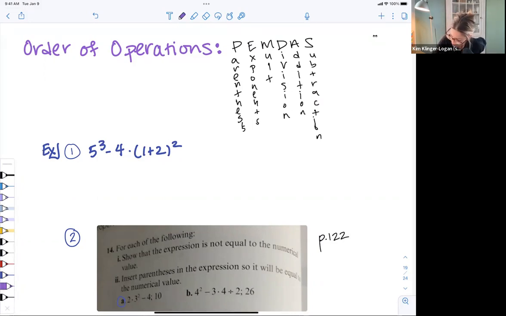And I should note that these two, multiplication and division, and these two, addition and subtraction, are actually interchangeable. They're really one step. They're at the same order, just reading from left to right. So I just do whichever of these two is first from left to right, and same thing with these two.